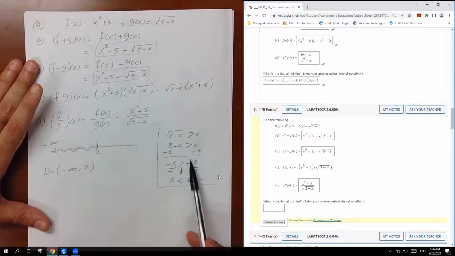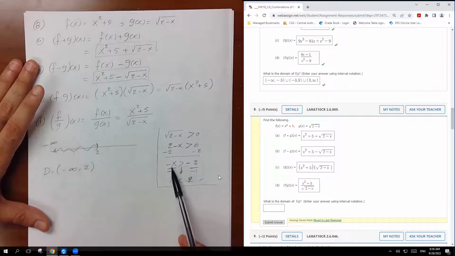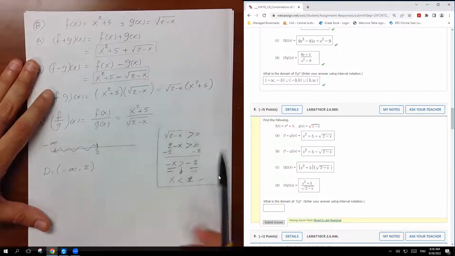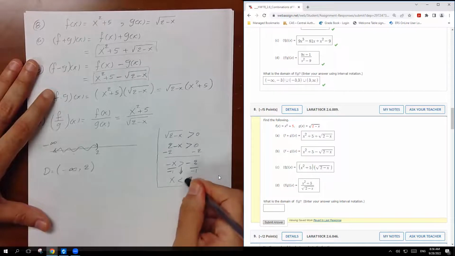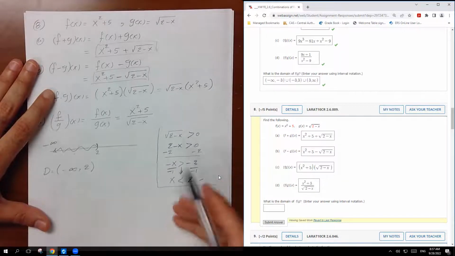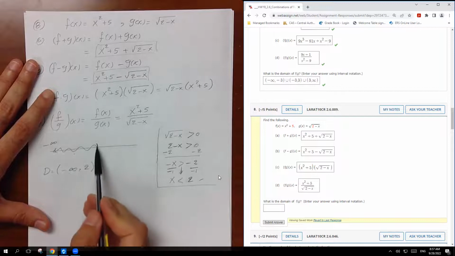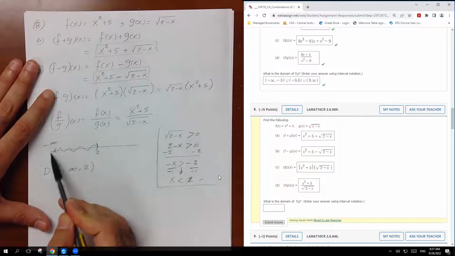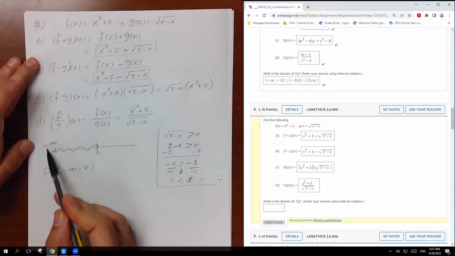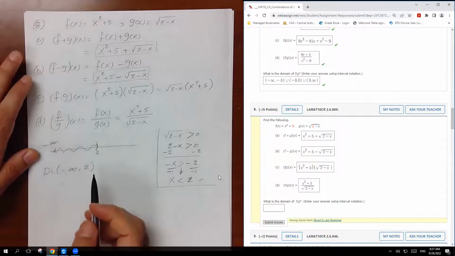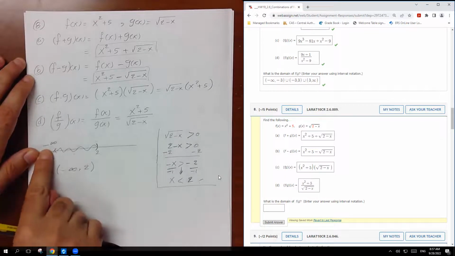Solve the inequality. And here, when you divide by -1, a negative number, you're going to switch the sign. So x less than 2. This is 2, not -2. That means less than 2, and all the numbers less than 2 go to negative infinity. But when you write down the interval, you start from the left to the right.